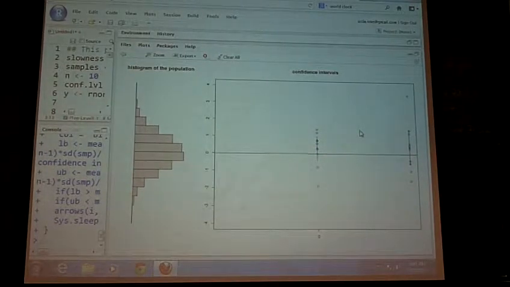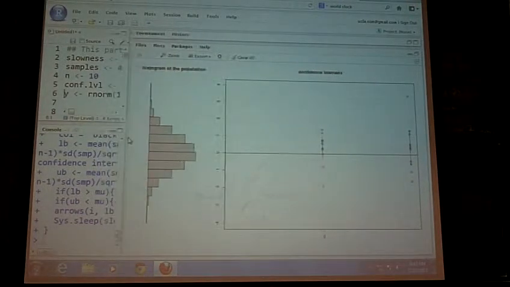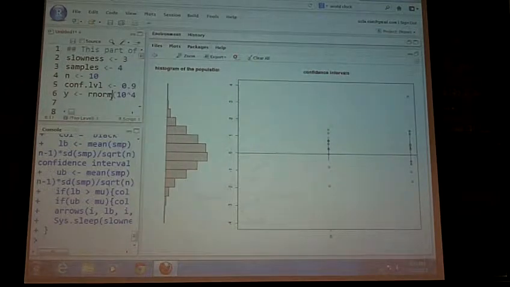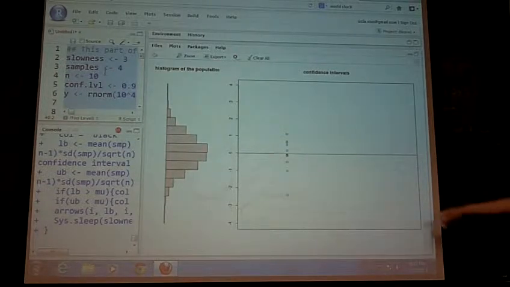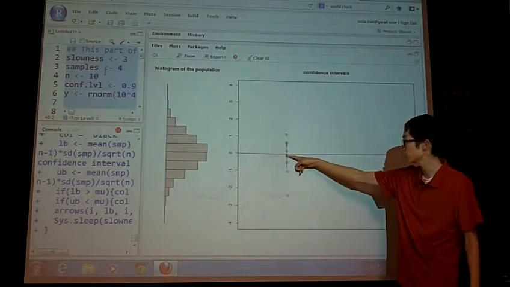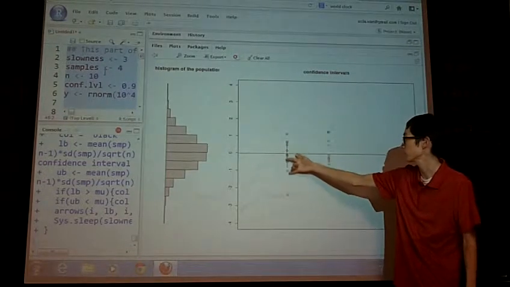Okay, so I'm just going to do this. It's going to run pretty slowly at first, and let's do 4 of these. It's going to make 4 confidence intervals. So there's the first one, 10 dots, the mean of those 10 dots, and the confidence interval.